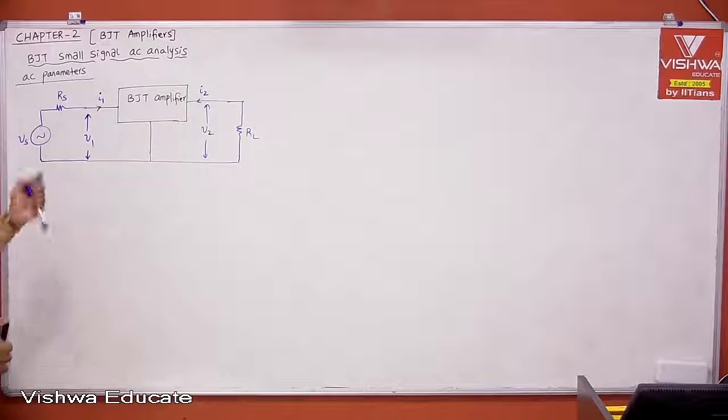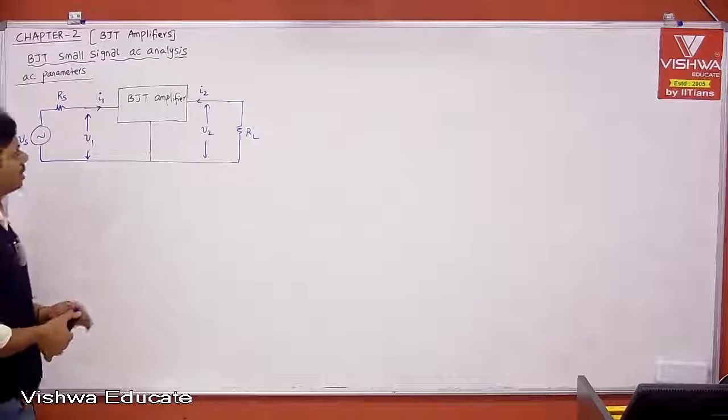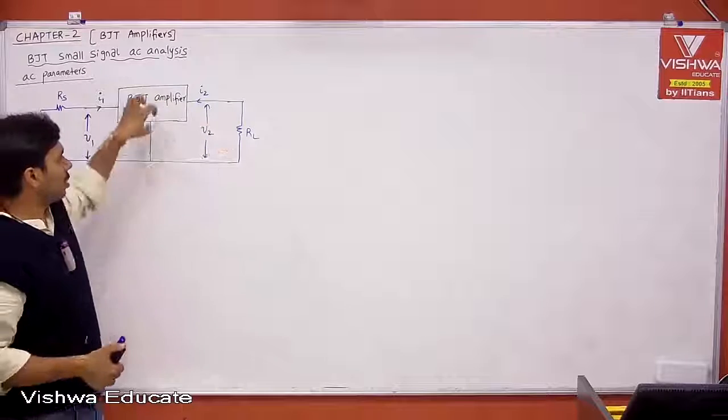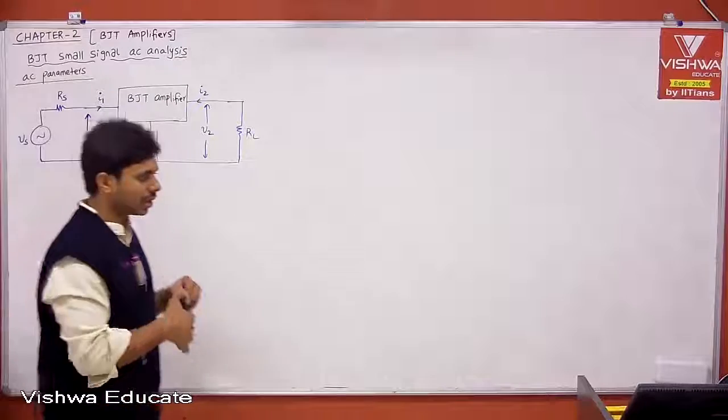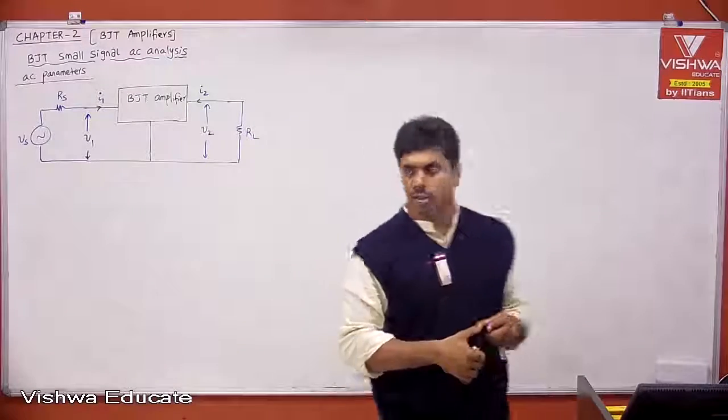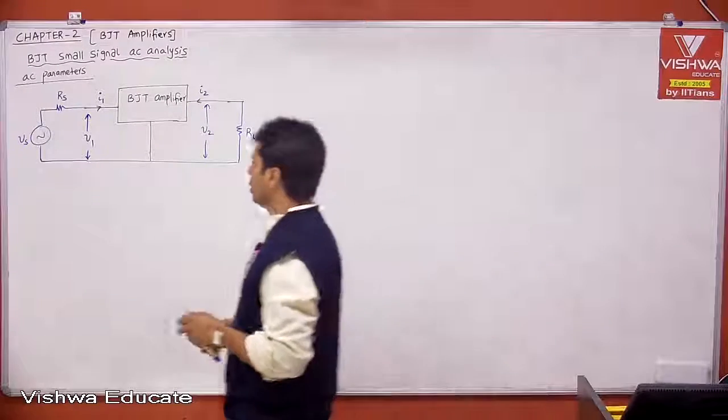Right now we need to replace this BJT amplifier with the H parameter model. Then we need to calculate everything. Let me replace it now, then let's see.